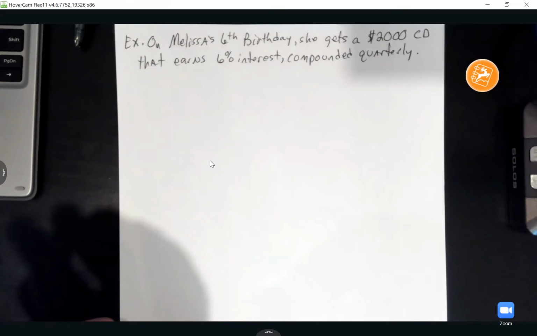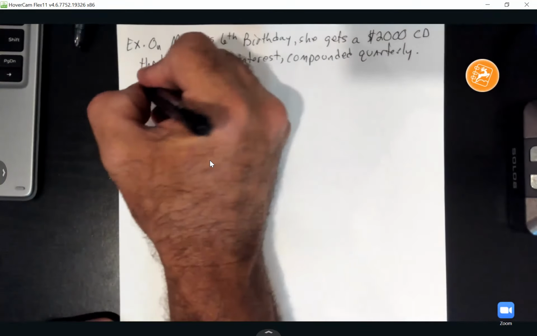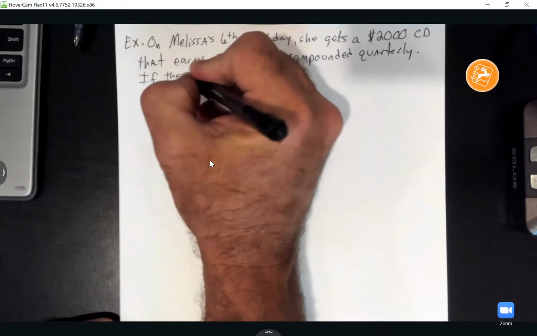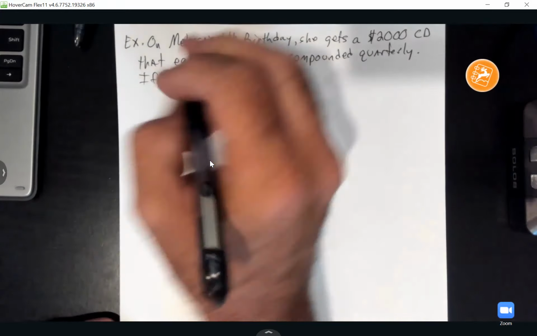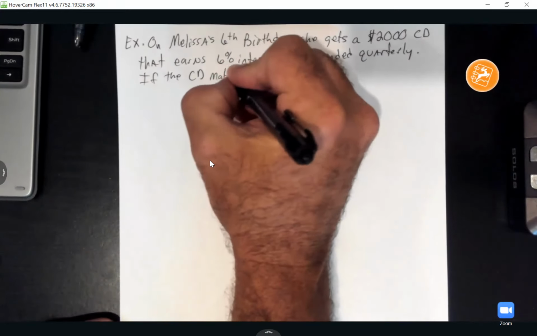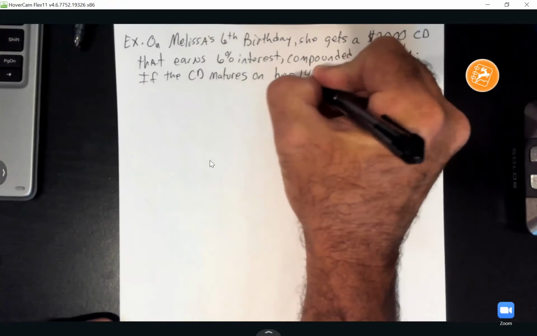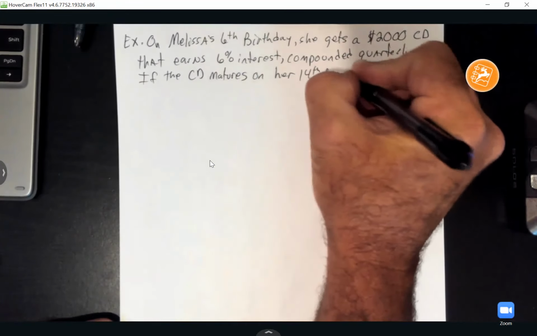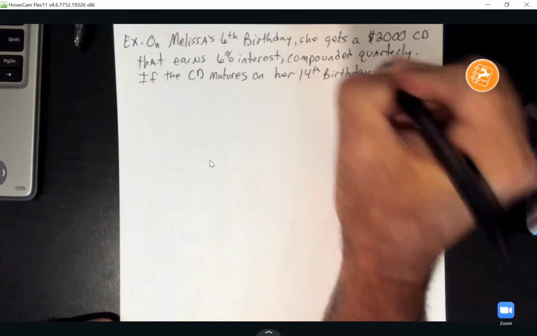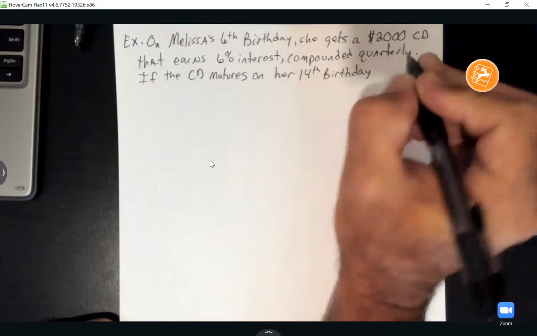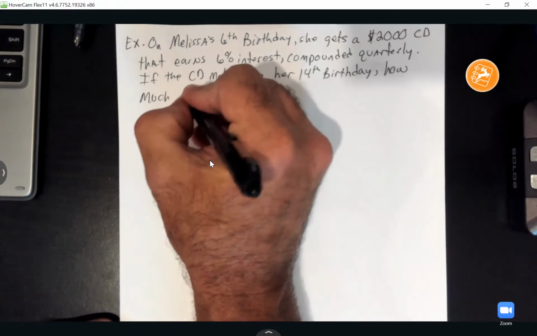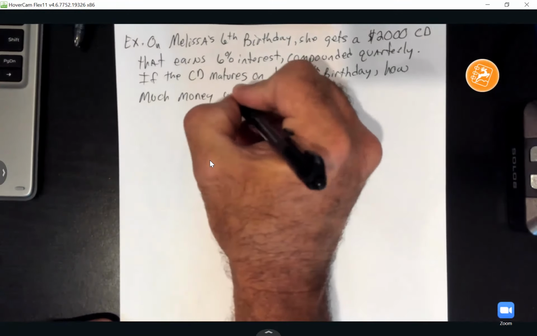So then it says, hey, if this CD matures on her 14th birthday, how much money will be available?